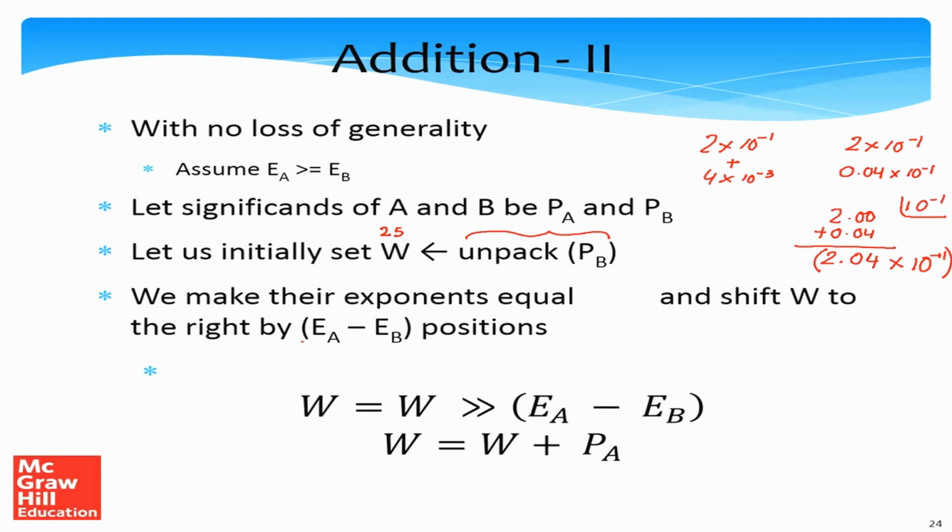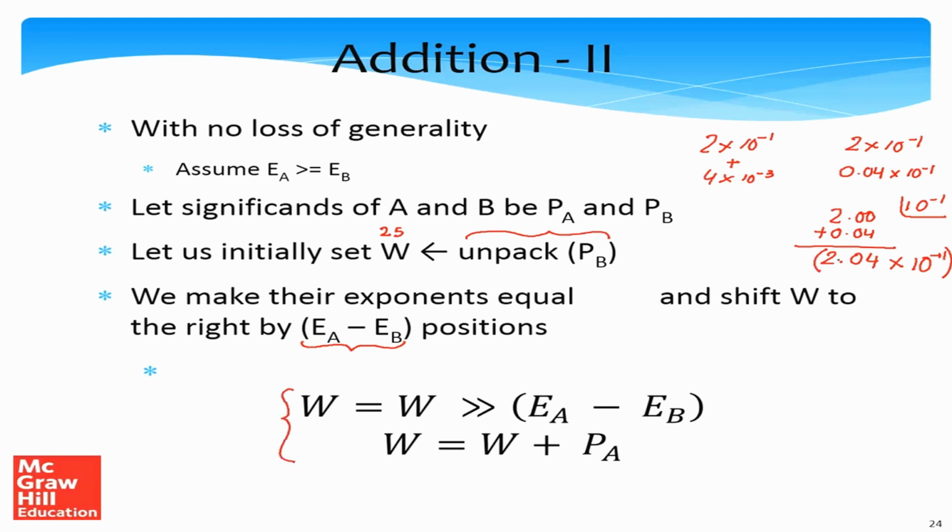This is a very simple thing. EA minus EB is the difference in exponents. So if we shift W to the right by these many positions, then effectively we'll be multiplying EB by 2 to the power EA minus EB to make it to the power EA. Then we will be able to align the decimal points and add.